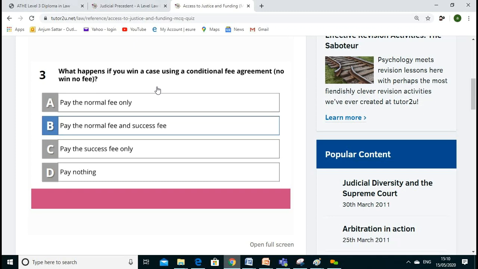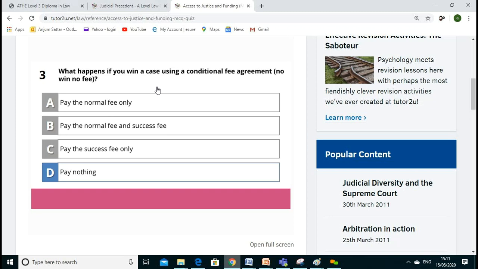Oh, to win a case isn't the condition? Okay, sorry. So we won the case. No win, no fees, but we won the case. Pay the normal fees and success fee. Because there is a conditional fees agreement decided in various cases, like injury claims and things.